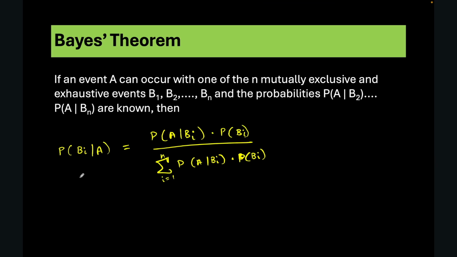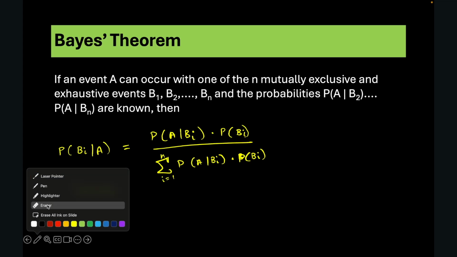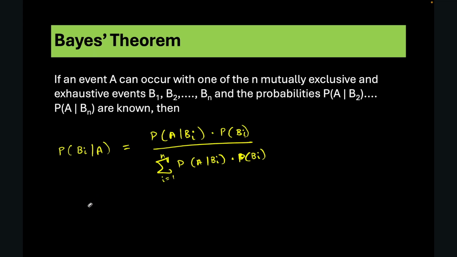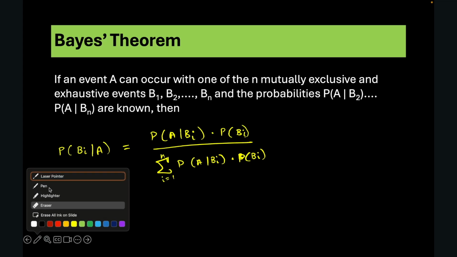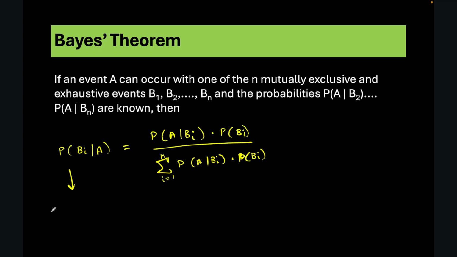Now, this is actually just a very complicated version of the probability of B_i and A occurring over the total probability of A. Let me write it in a neater, cleaner fashion.